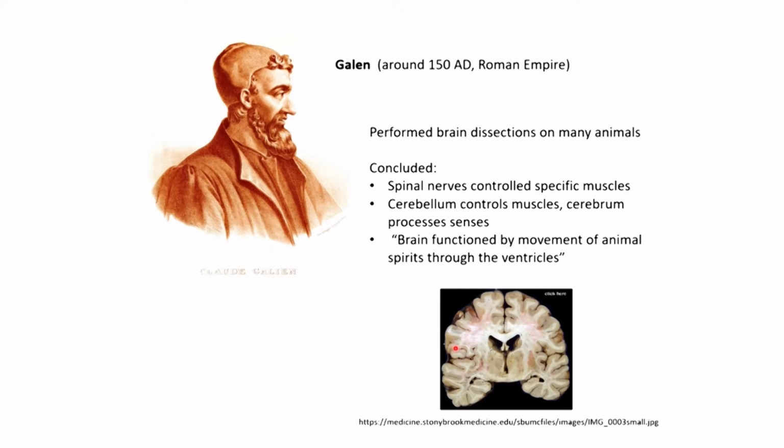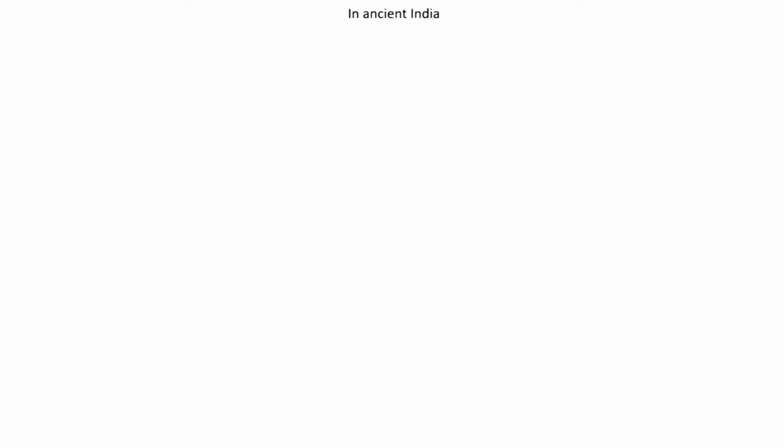And I guess he cannot be blamed for drawing these conclusions, because at that time all you could see in the brain was this dense jelly-like structure, and within that there were these holes that were filled with some kind of fluid. So he thought that the movement of this fluid, which he was calling animal spirits, is what controlled the muscles and the senses.